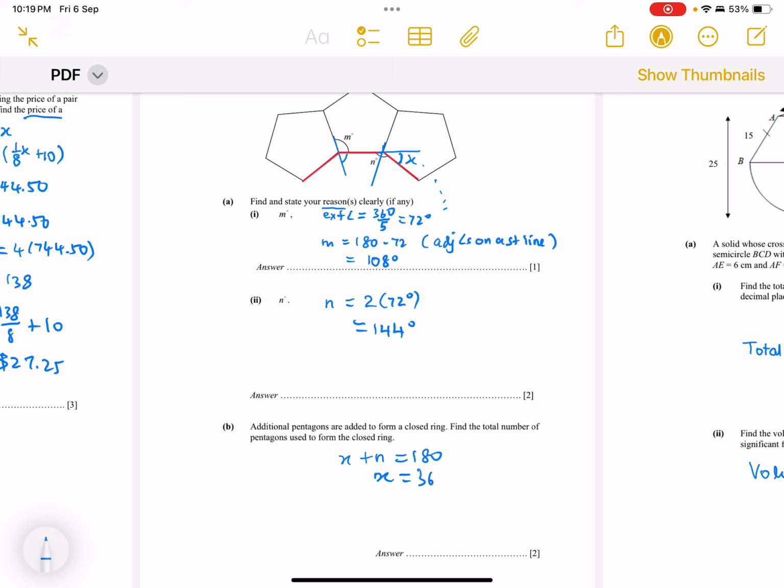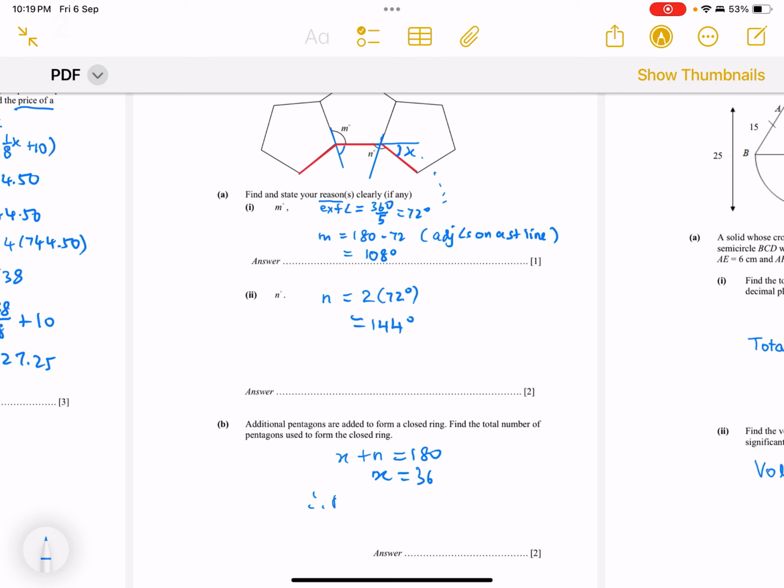So X is 36. Therefore the number of sides, or number of pentagons, same thing, because the sides correspond to the number of pentagons, is just 360 divided by the exterior angle 36. That will be 10 pentagons to form a ring.